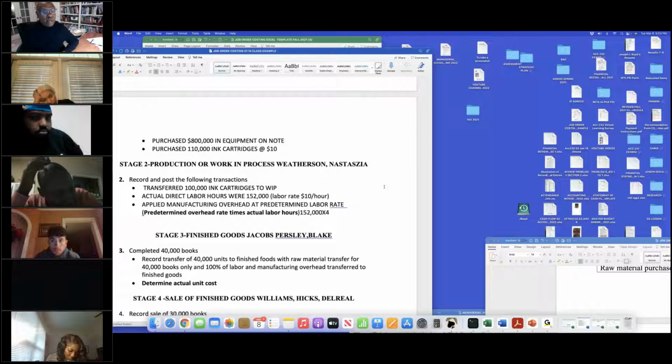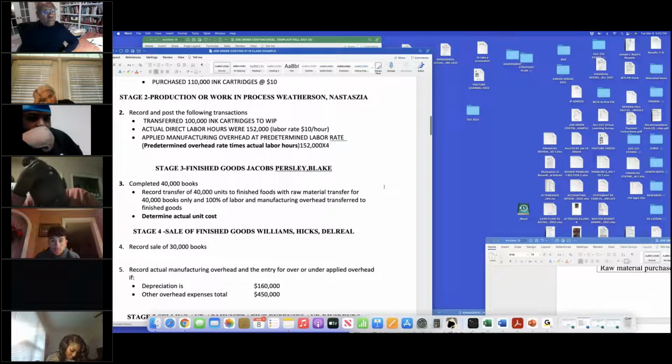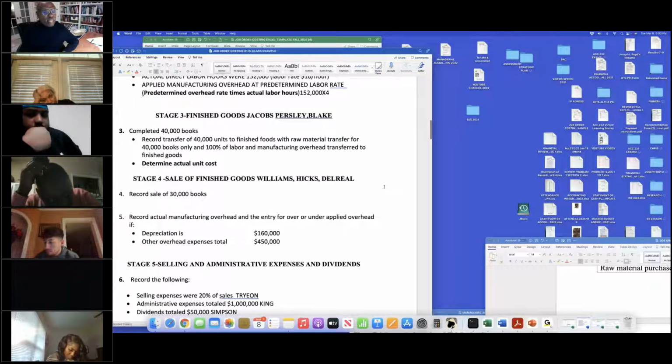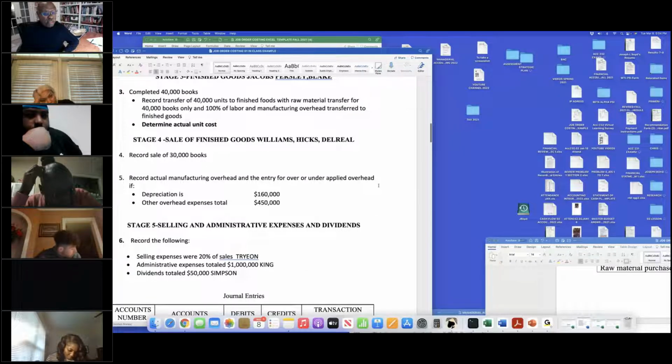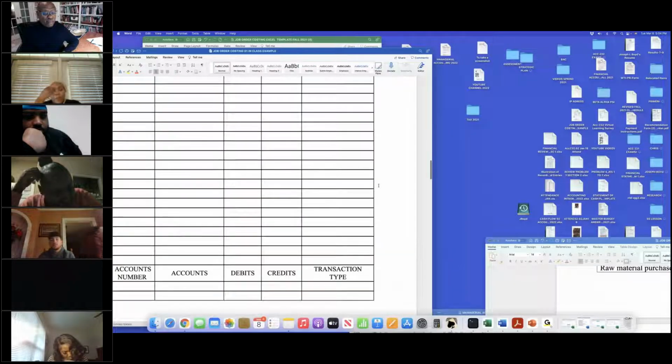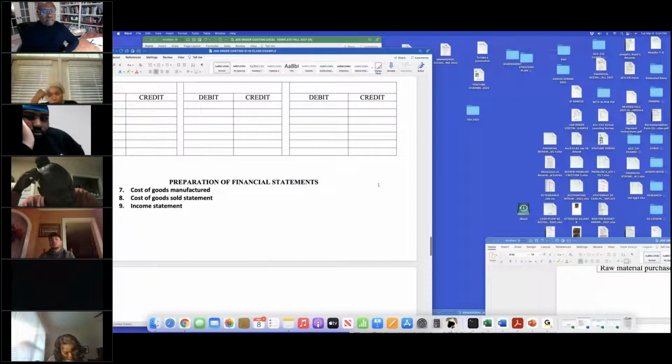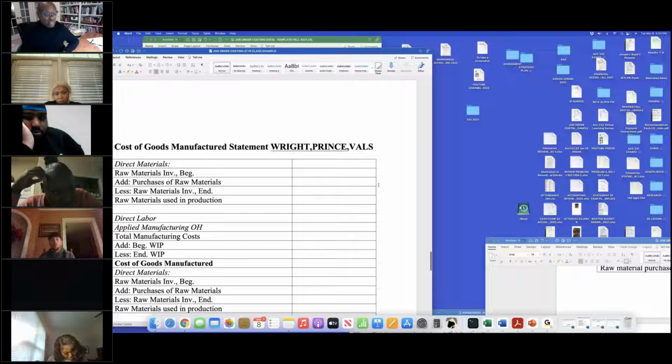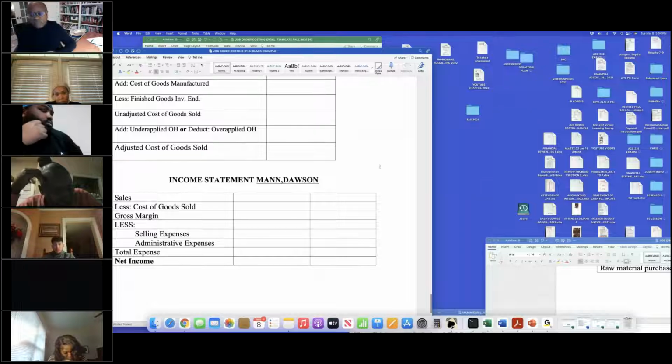Williams, Hicks, and Del Rio, stage 4. And stage 5, Trayon, King, and Simpson. Cost of goods manufactured, Rice, Prince, and Vols. Cost of goods sold, King and Faison. Income statement, Mann and Dawson.